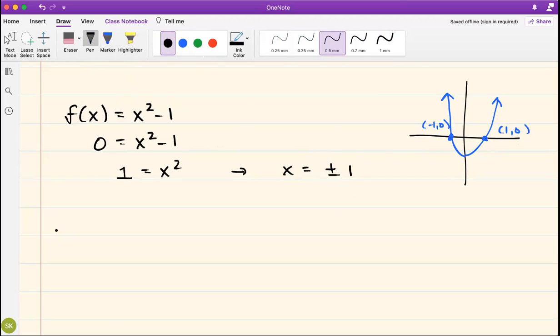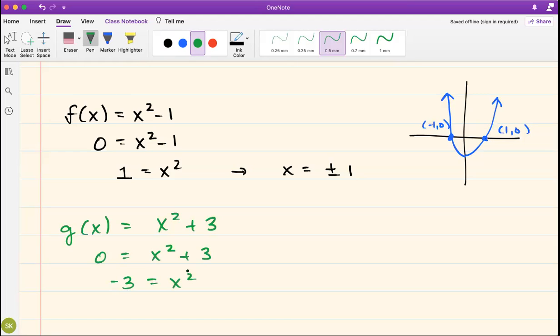But we also saw some functions like g of x is equal to x squared plus 3. And if you set this equal to 0, and then move the 3 to the other side, you see that you have something being squared, giving you a negative number. Now, there are no real solutions to a graph like this.